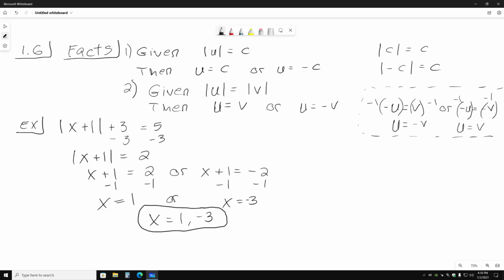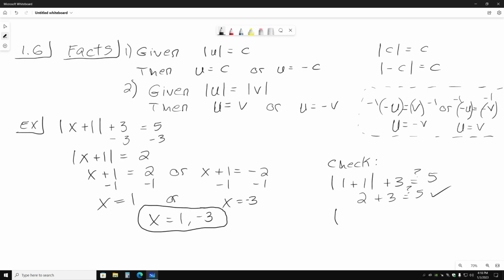Plugging 1 back in, we'd get the absolute value of 1 plus 1 plus 3, we're checking does that equal 5. So we get the absolute value of 1 plus 1 is 2 plus 3. That does equal 5. So x equals 1 does check out.